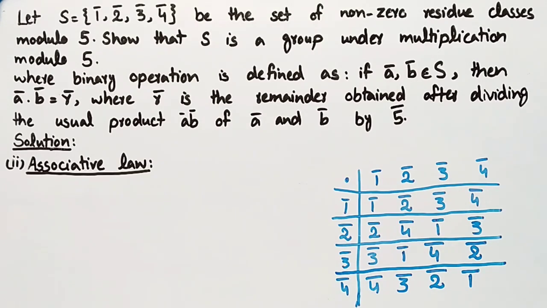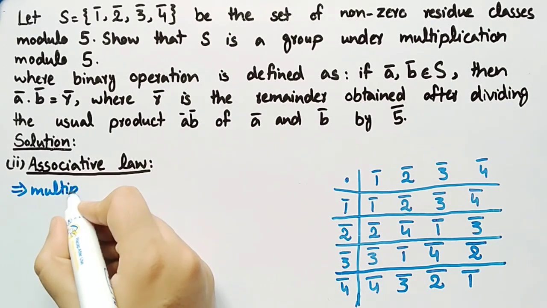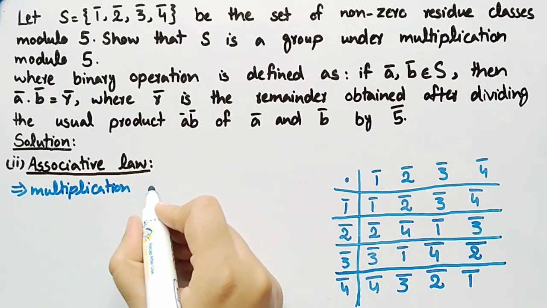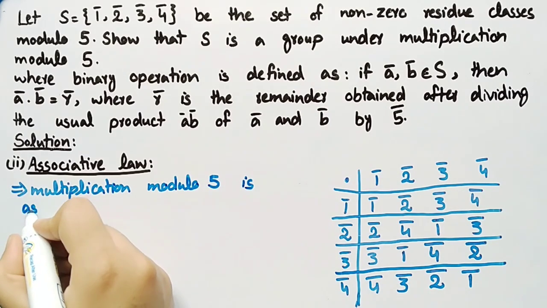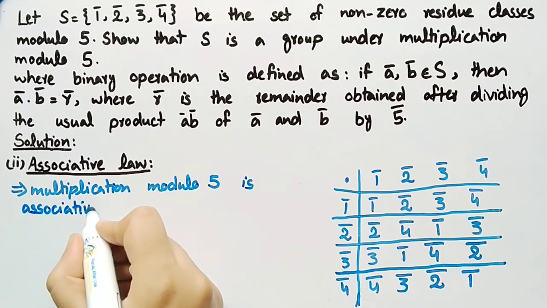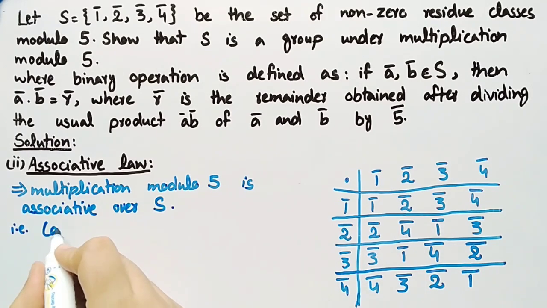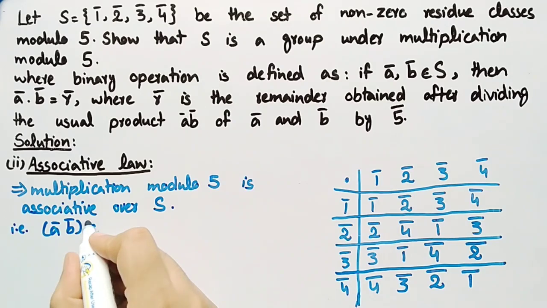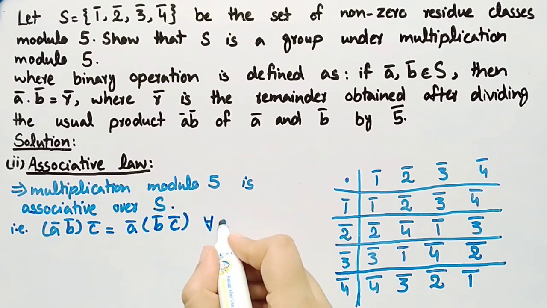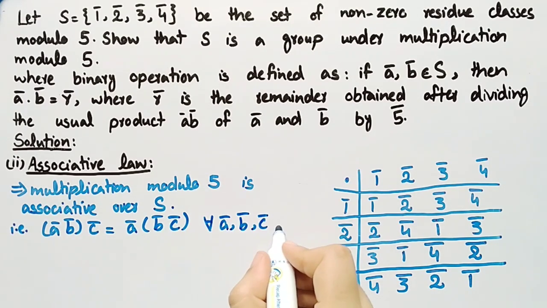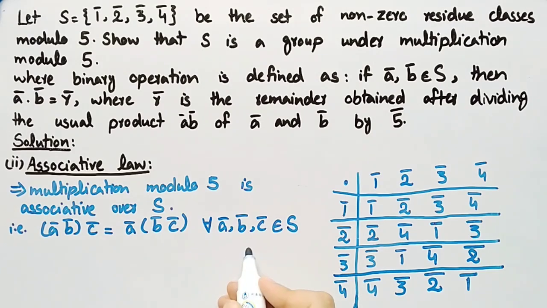Multiplication is associative in residue classes modulo n, which means that multiplication modulo 5 is associative over S, that is, (a · b) · c = a · (b · c) for all a, b, c belonging to S. So the second axiom of a group is also satisfied.